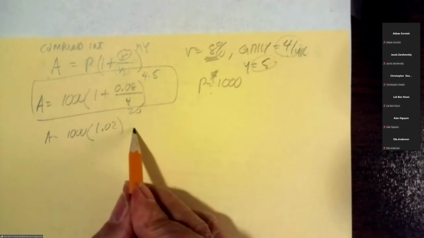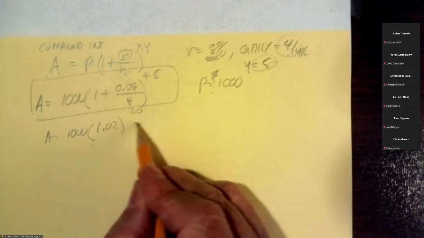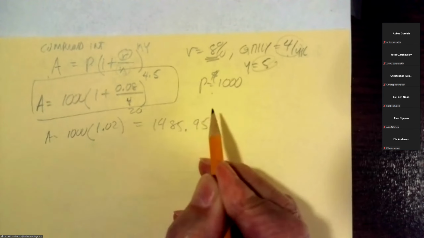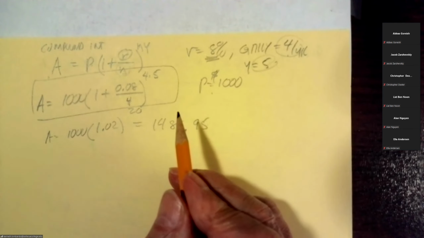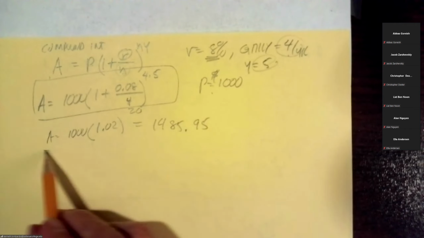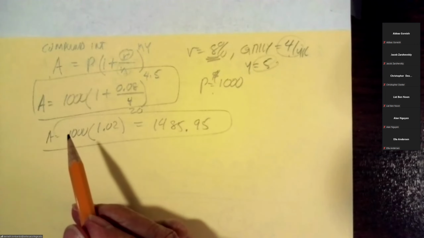So if I take that value, let's see if I put that in my calculator, what do I get here? 1,000 times 1.02 to the 20, I get 1485, rounded off to 95. Okay, so that tells me that's the amount that I would get at the end of my 5 years.